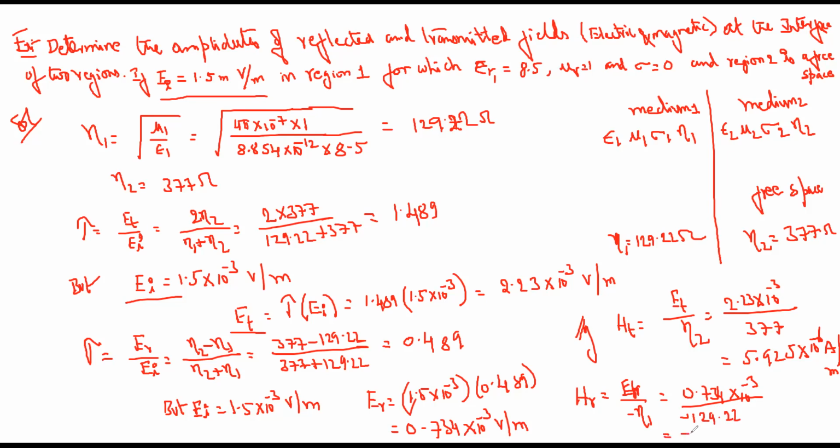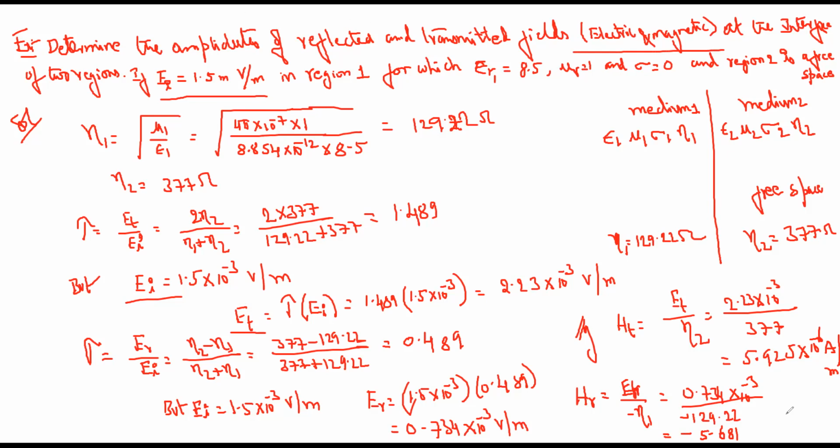So the value is minus 5.681 into 10 to the power of minus 6 ampere per meter. So for the given EI, we got ET and ER, and similarly HT and HR, the amplitudes of the reflected and transmitted fields for both the magnetic and electric field.